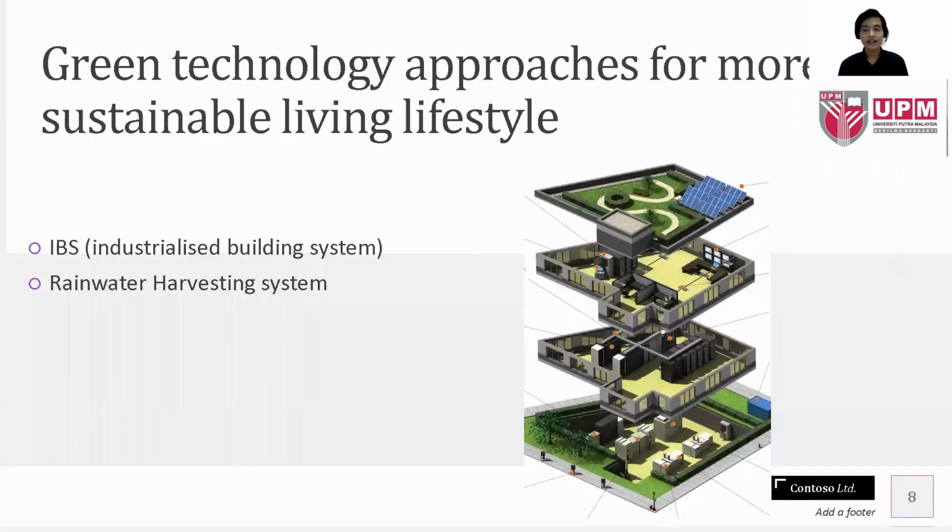Then these are examples of green technology approaches that can be used for a more sustainable living lifestyle. So here are two that I'm going to share. As you can see here, we have the industrialized building system and the water harvesting system.